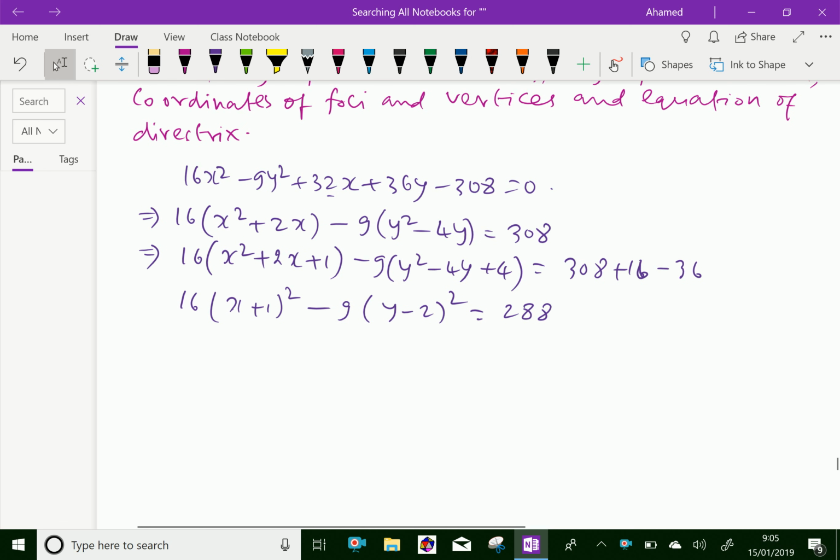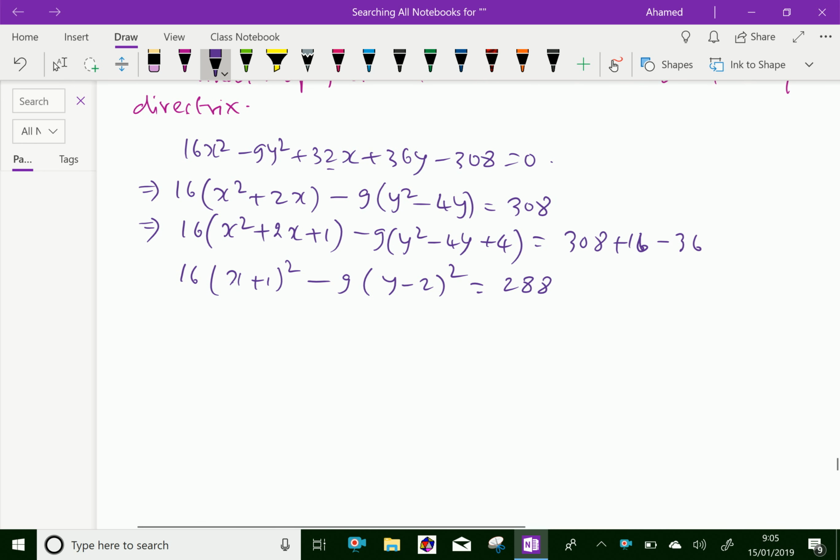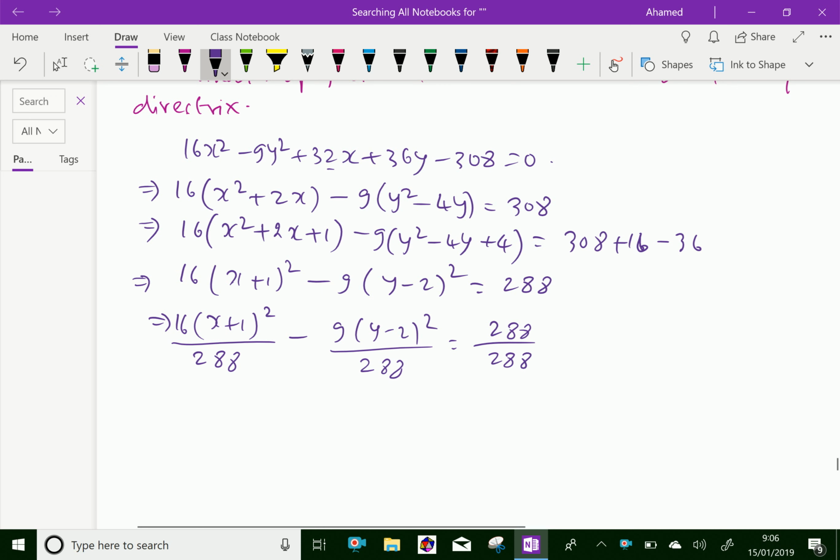Now let us rewrite like here: 16 x plus 1 whole square over 288, minus 9 y minus 2 the square over 288, equal 288 divided by 288.